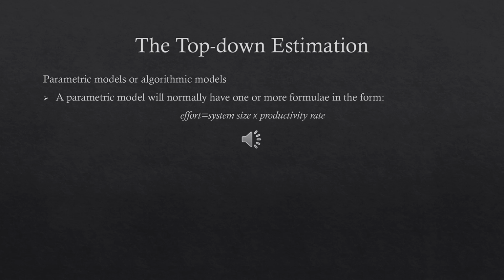A parametric model will normally have one or more formulae in the form: effort is equal to system size into productivity rate. So here we can see an equation: effort is equal to system size into productivity rate. The project effort is mainly related to two different variables, system size and productivity rate.